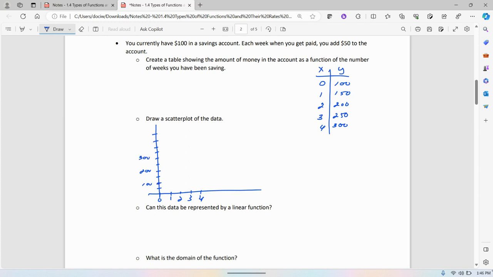So you initially have $100, and then you add 50, and another 50, and another 50, and another 50. Now this one I don't want to draw a line because I don't have all of the connecting X points in there. I only have 0, 100, 1, 150, 2, 200, 3, 250, and 4, 300. They keep going, but we don't connect them.